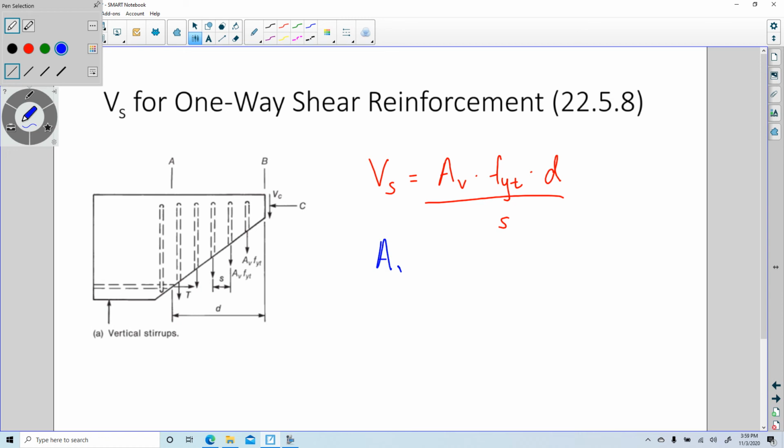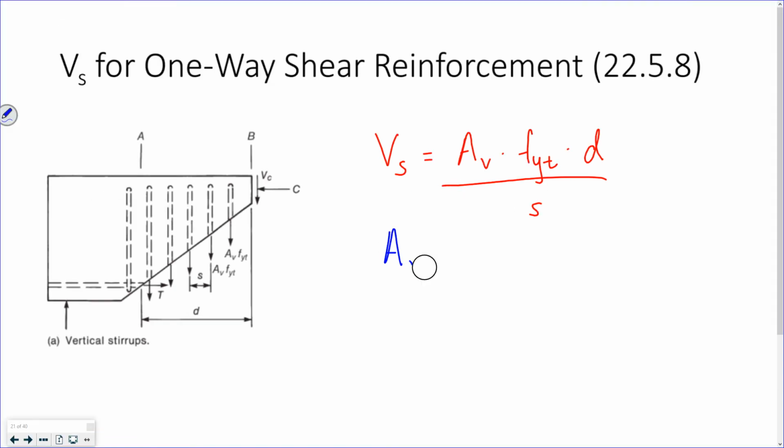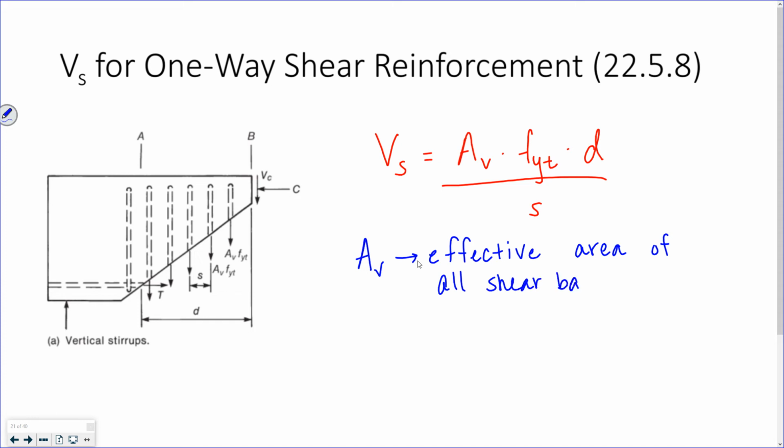So let's see, A_v is your effective area of all the shear bars or wires within a spacing s.